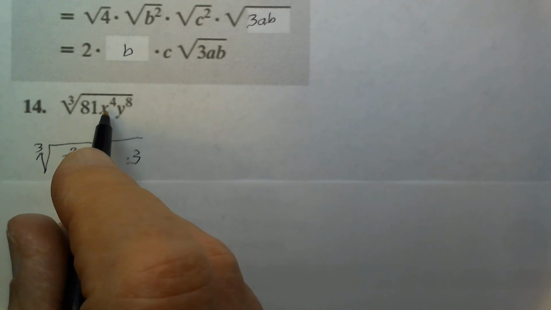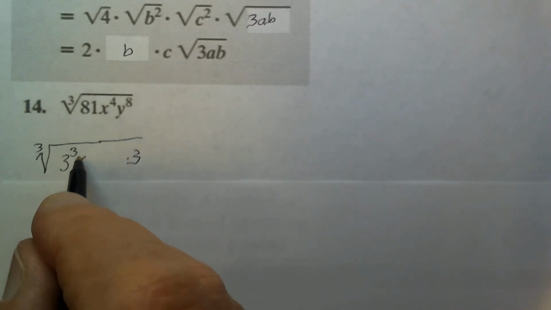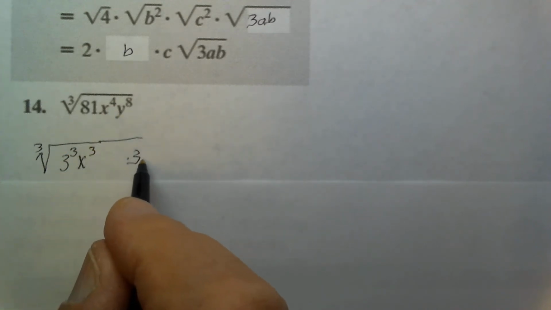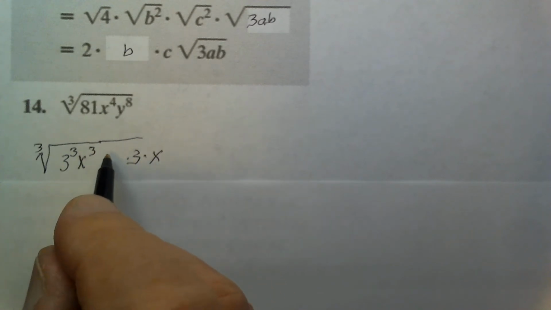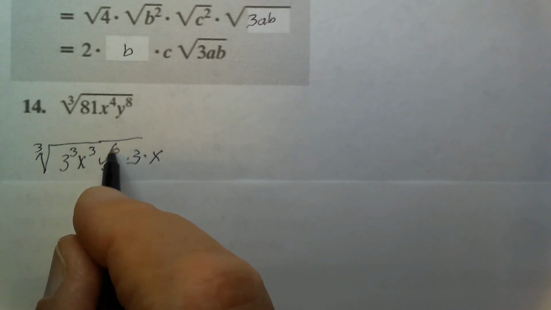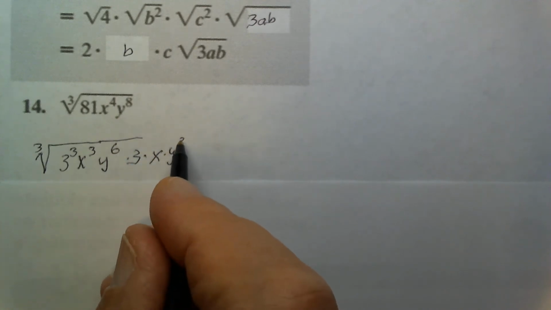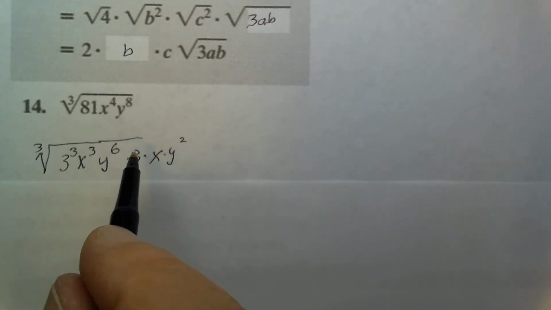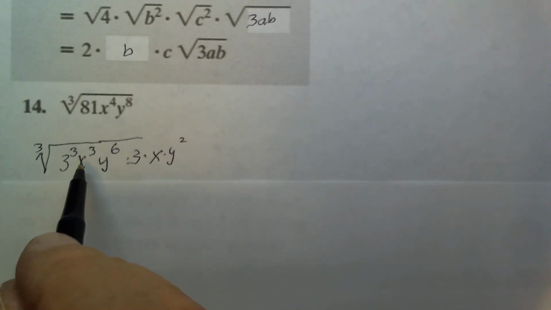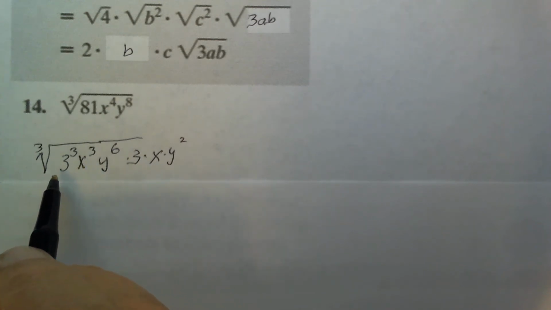And we write x to the fourth as x to the third times x. And y to the eighth, you write as y to the sixth times y squared. So in other words, the expression is still the same, as far as the variables and the coefficients are concerned.